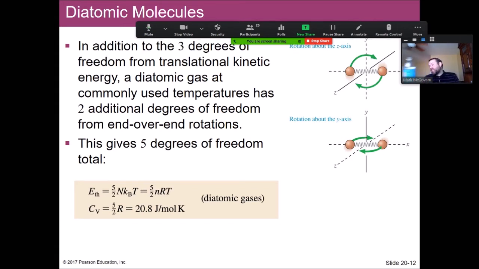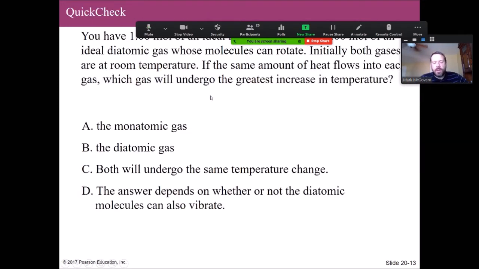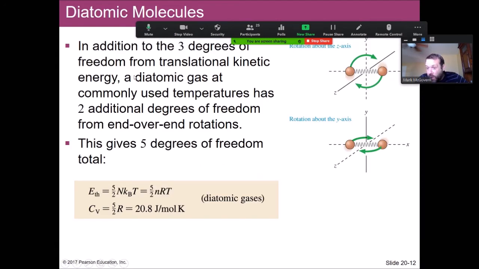And that creates a spring potential, and that can add even more to it. We'll get there. So the point of all of this is: if you have a diatomic molecule, you don't use 3/2. You use 5/2. And your CV is not 3/2, it's 5/2.